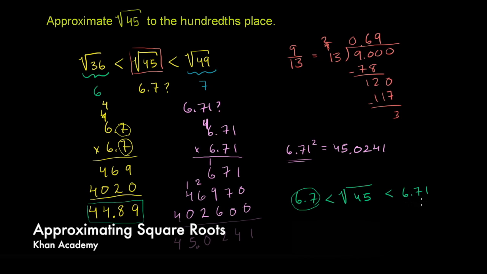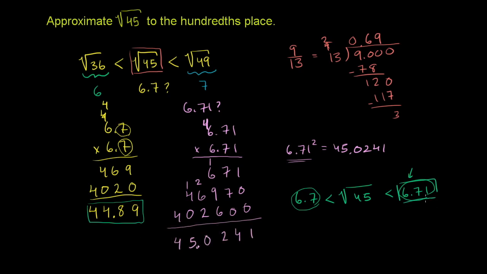And 6.71 squared is only 2.4 hundredths above 45. So this is closer to the square root of 45. So if we approximate to the hundredths place, definitely go with 6.71.